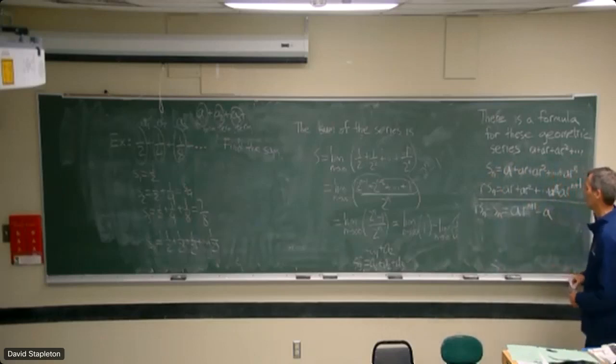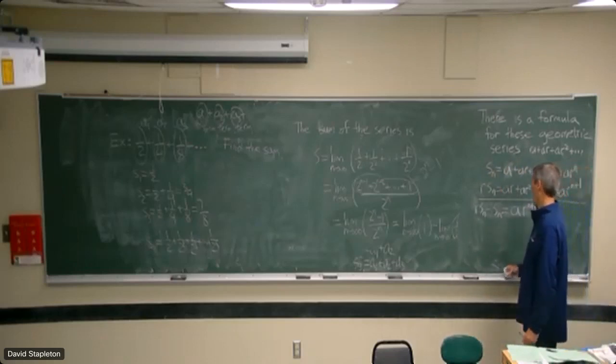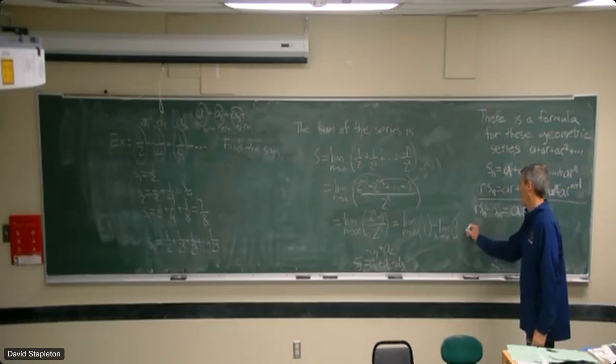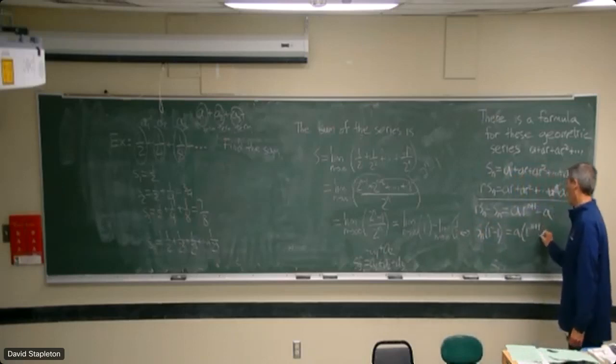So r times Sn minus Sn, which factors as Sn times r minus 1, equals a times r to the n plus 1 minus 1.